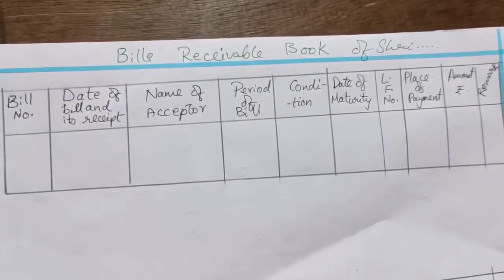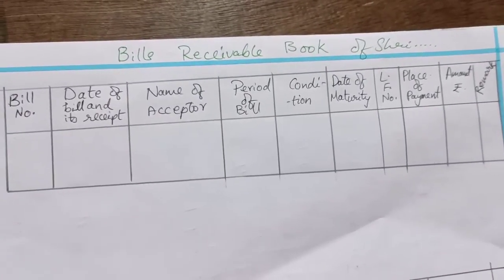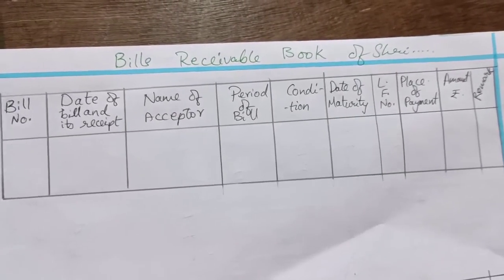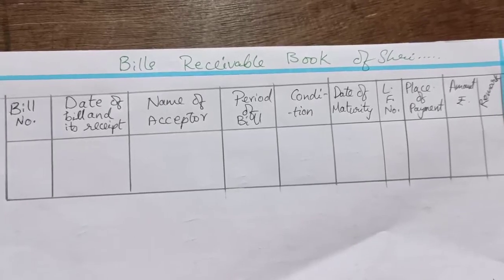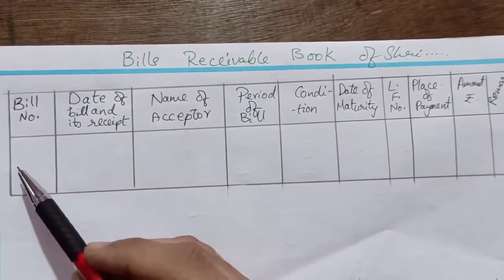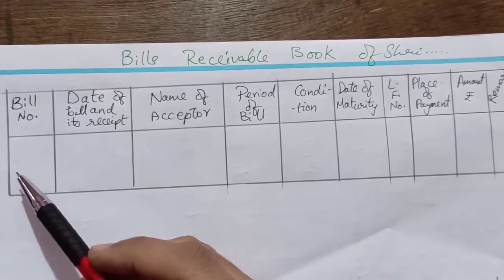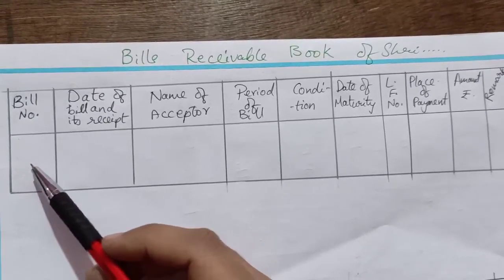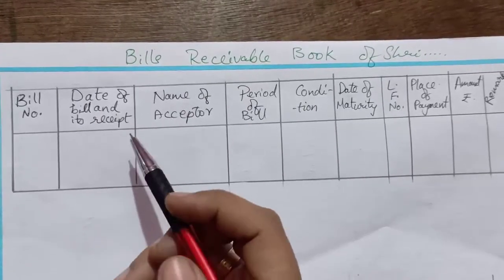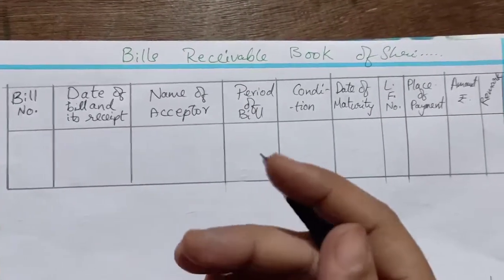Now here is a specimen of the bills receivable. First of all, the bills receivable book of Shri. This is common for every book. Then in the first column we have to write the bill number. Whatever the number is written on the bill, that is to be written over here. The date of bill and its receipt, when it will be received.